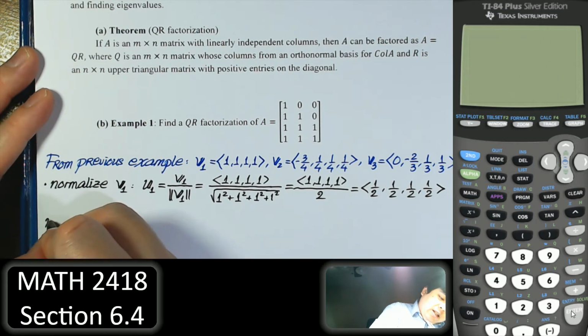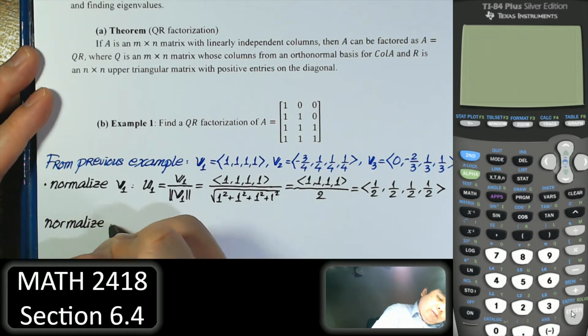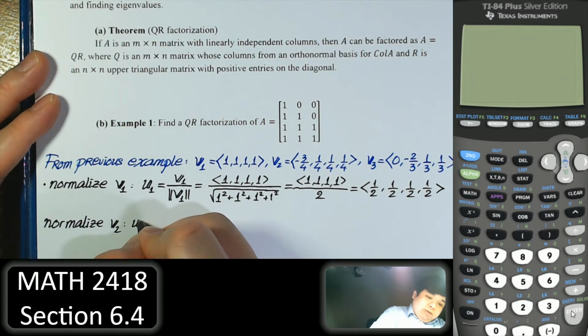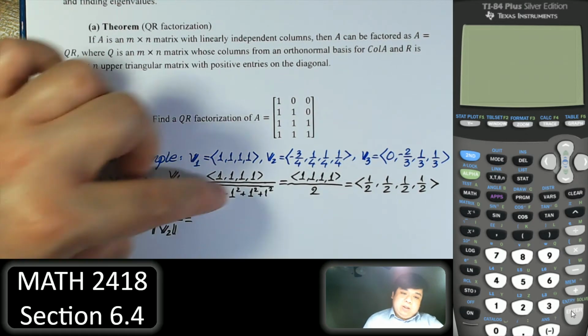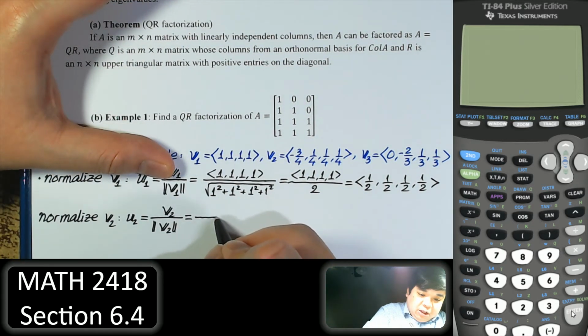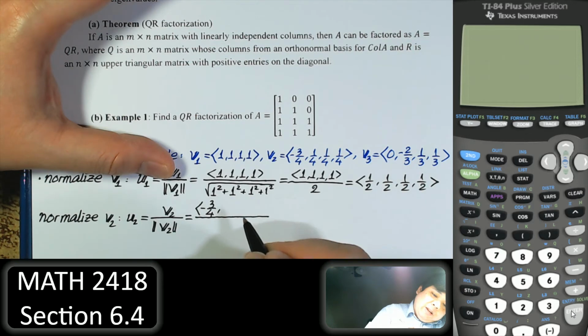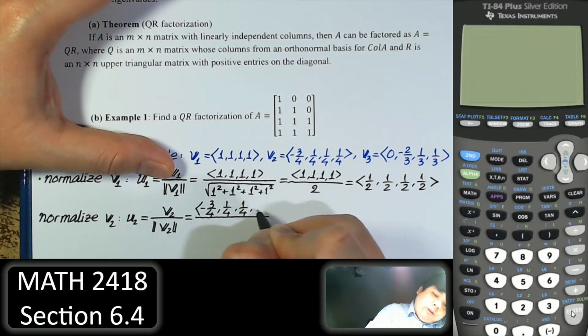And next, normalize v2, which is finding the vector in the direction of v2 but with length equal to 1. Right, so that vector, now it is more complicated. -3/4, 1/4, 1/4, and 1/4.